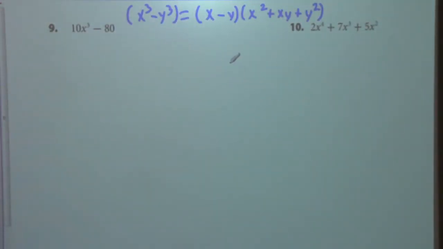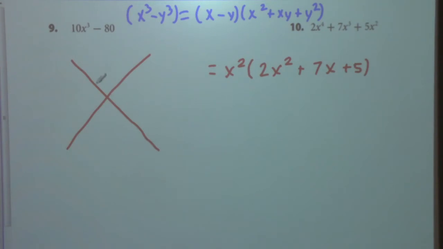Brandon, I know Braden was talking about it, so you're ready. So I took x squared out of it, your common factor, and then parentheses 2x squared plus 7x plus 5. And then I did the bottoms up method. On the top I put 10, and on the bottom I put 7.